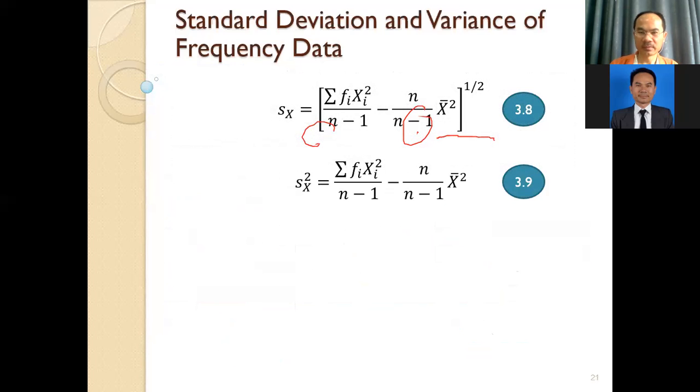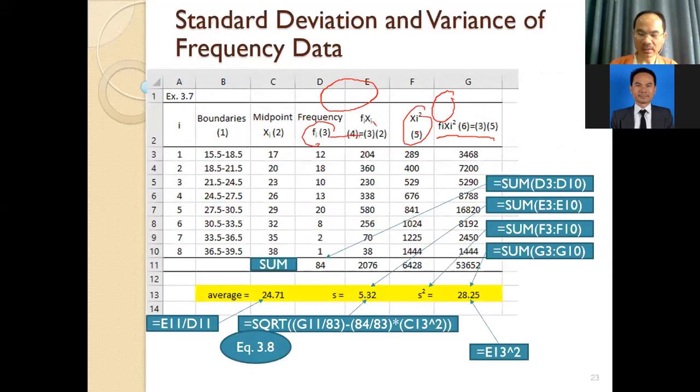Summation fi xi square divided by n minus 1, minus n divided by n minus 1 times x bar square, and take the square root. Then you use only this column.